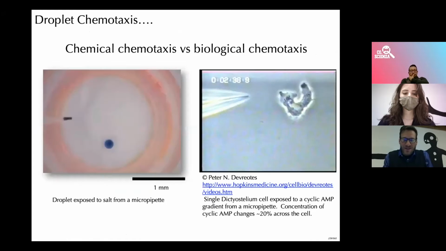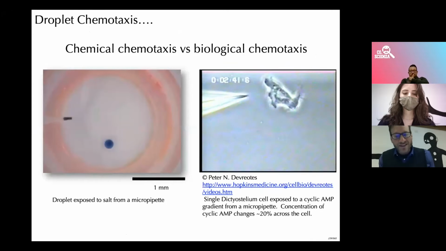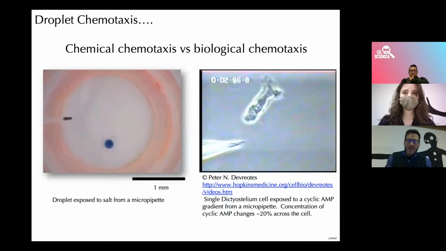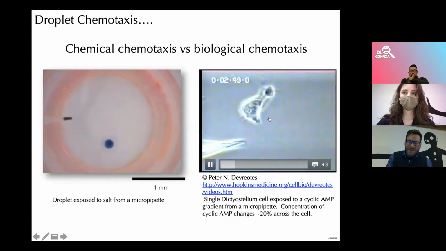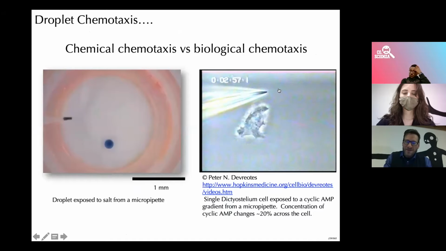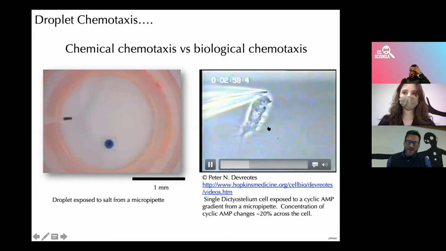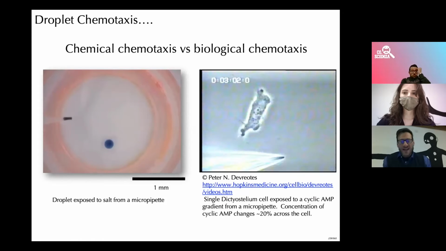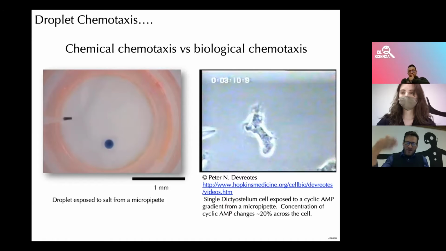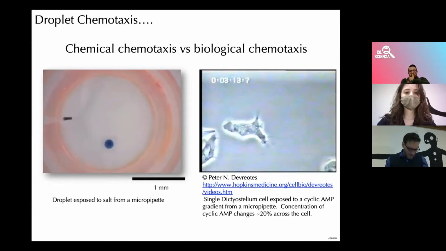I hope that's clear. And so at the end of all this, what we have is an interesting example of chemotaxis. Again, movement in chemical gradients. And what you see on the right is a living natural cell called Dictyostelium here that is sensitive to cyclic AMP, a small molecule that is being put into the experiment by this pipette tip here. And that organism senses the cAMP, and because it has receptors for it, it reconfigures its cytoplasm to flow the cytoplasm towards where the source of the chemistry is.